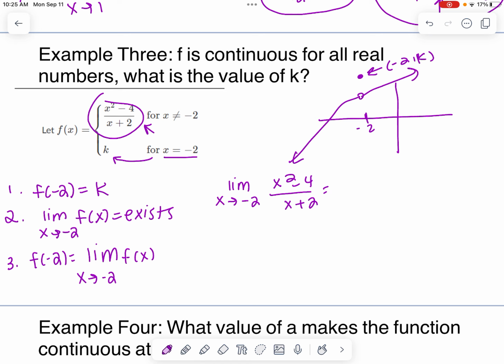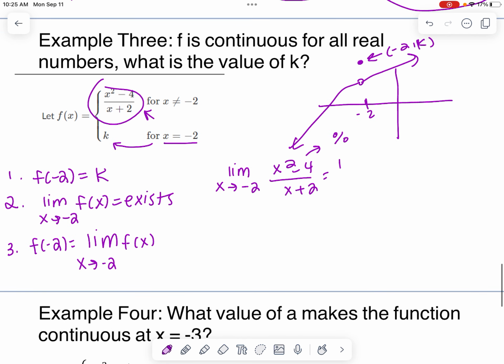Looking at this, you might realize that if we plug in negative 2 here, we would get 0 over 0, which makes sense because we had another value for negative 2 anyways. And so I have to use my indeterminate form strategies. I see that this is a quadratic, and so I can factor the top because it's a difference of perfect squares, and I would get x minus 2 times x plus 2 all over x plus 2.